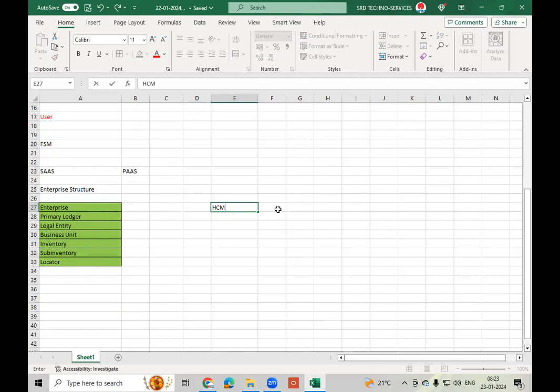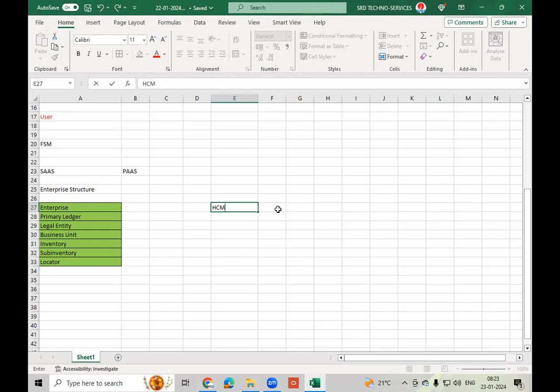But suppose we are not implementing the HCM module, who will define it? We will not recruit a human capital management consultant, right, if we are not implementing that HCM module in the team. So we'll decide who is the expert defining this enterprise.